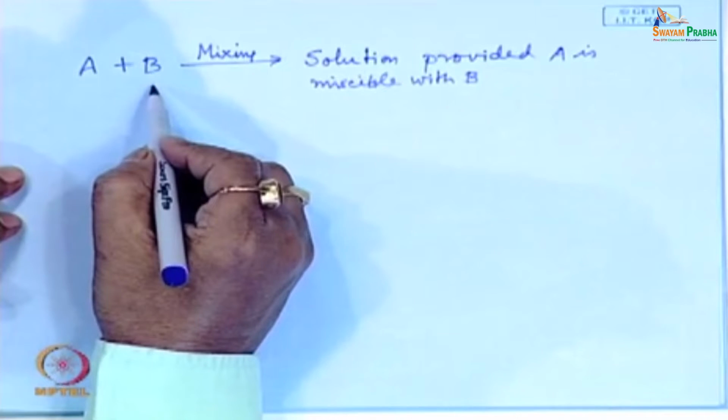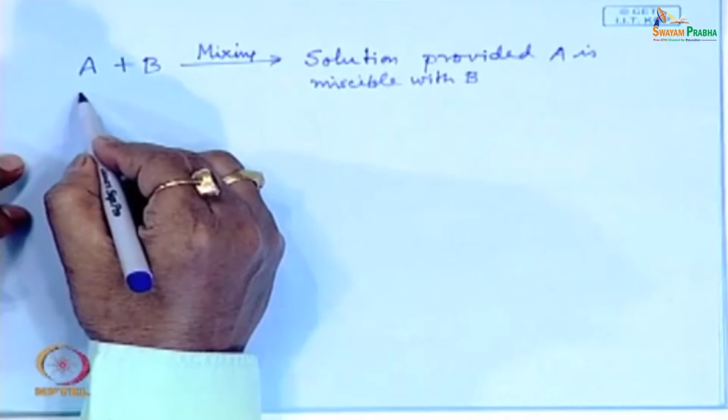You can take the example of a simple case of a solution, say sugar in water. Suppose A is sugar, B is water. It forms a homogeneous solution because sugar is miscible with water.